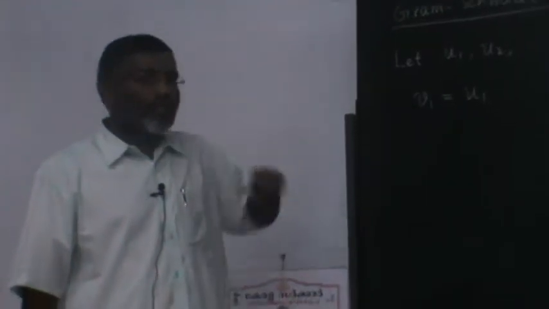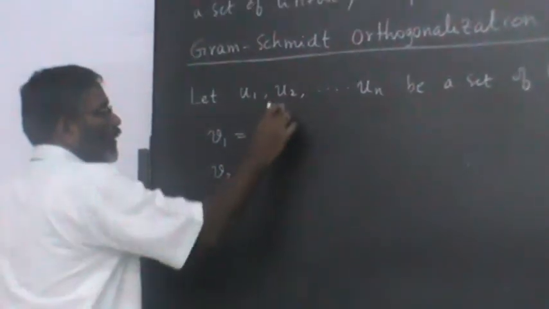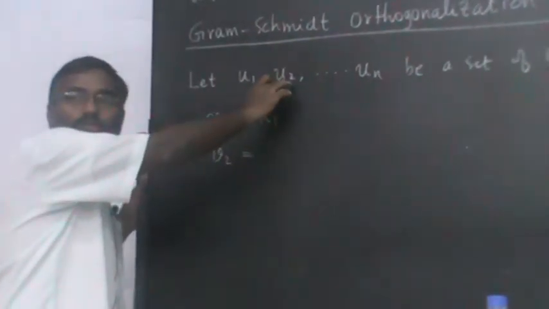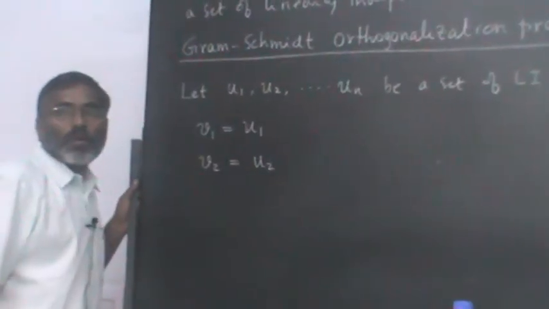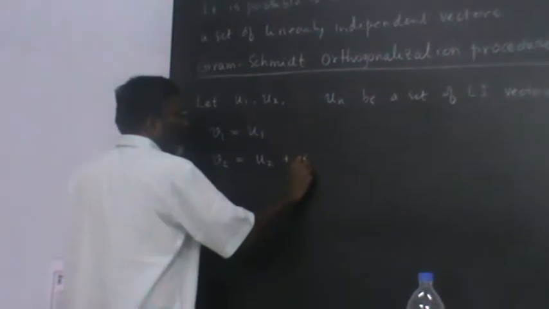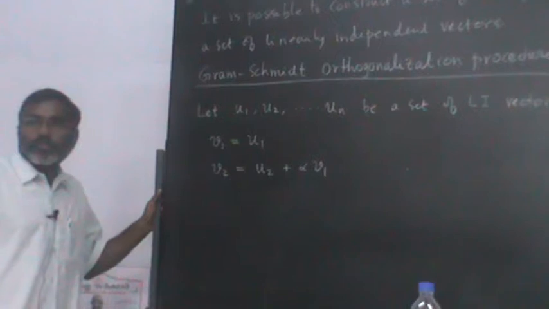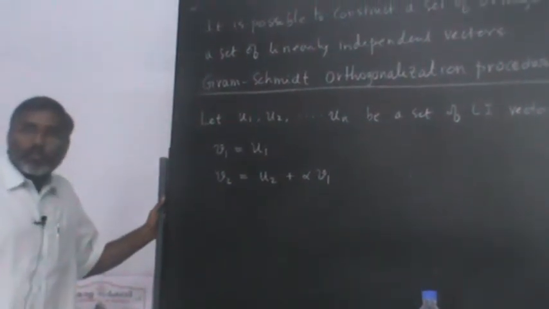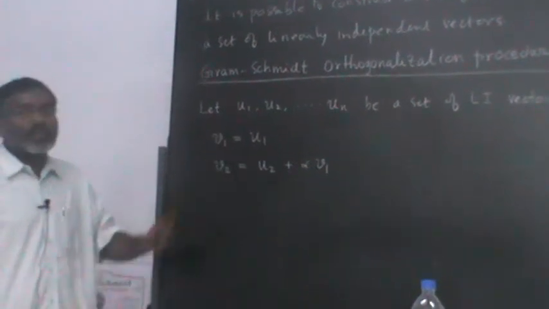So my second vector, I will take u2 plus a constant times v1, and demand that this constant be so chosen that this is orthogonal to this.